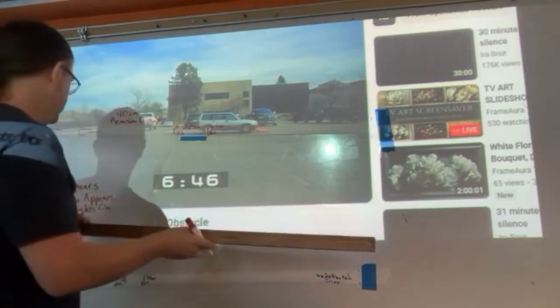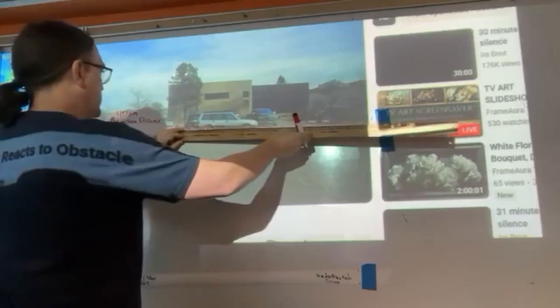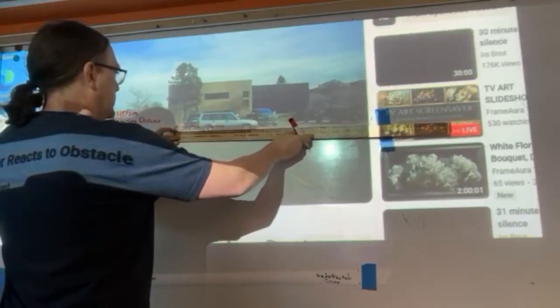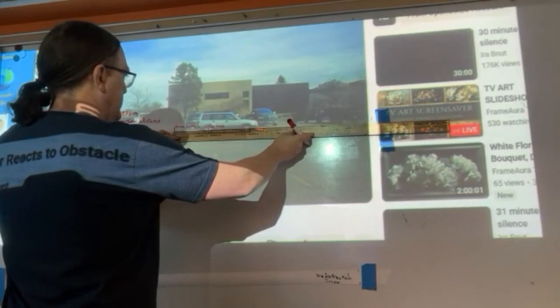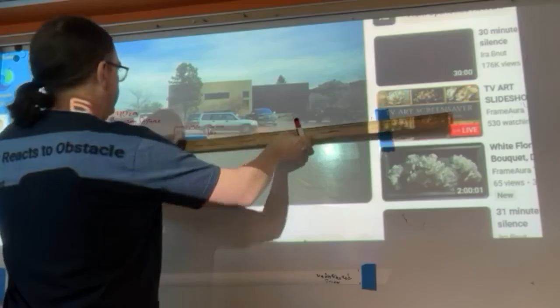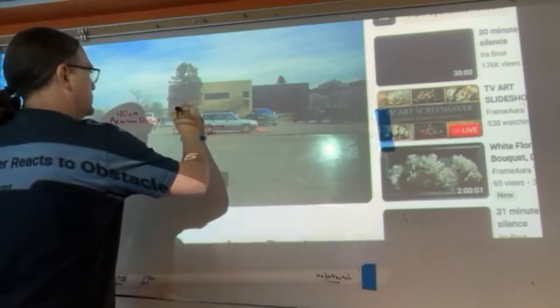The braking distance, between when the brake lights turn on and the car stopping, 13.5 centimeters.